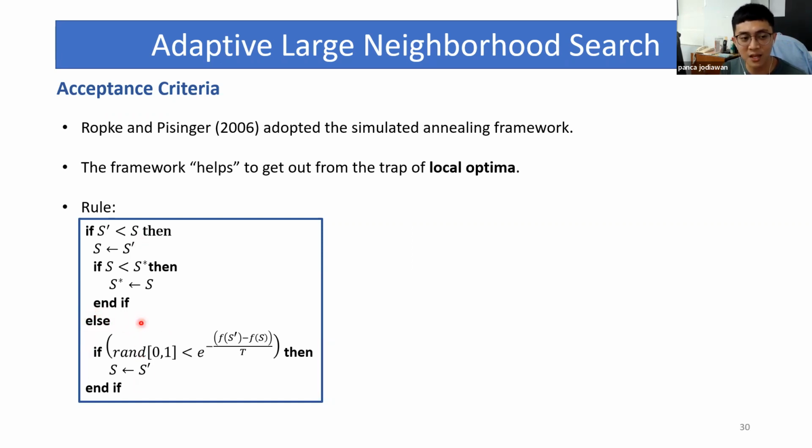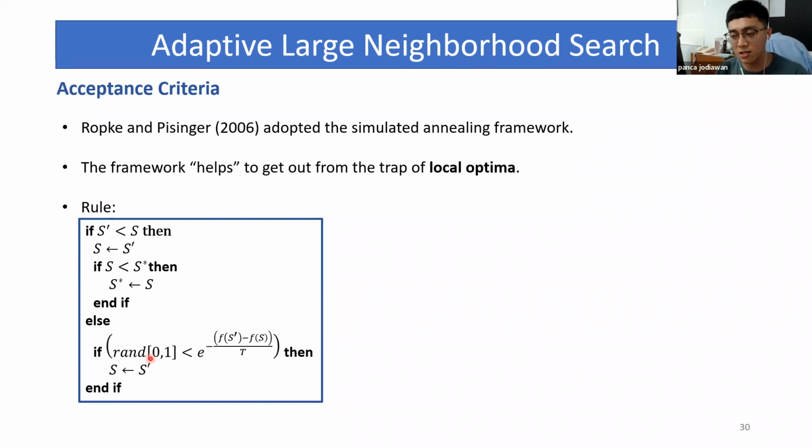So if the new solution generated by the destroy and repair operator is not better than the old solution, we can still accept the new solution. Accept means to replace the old solution with the newly generated solution. But we need to consider these criteria. First, you need to generate a random value.